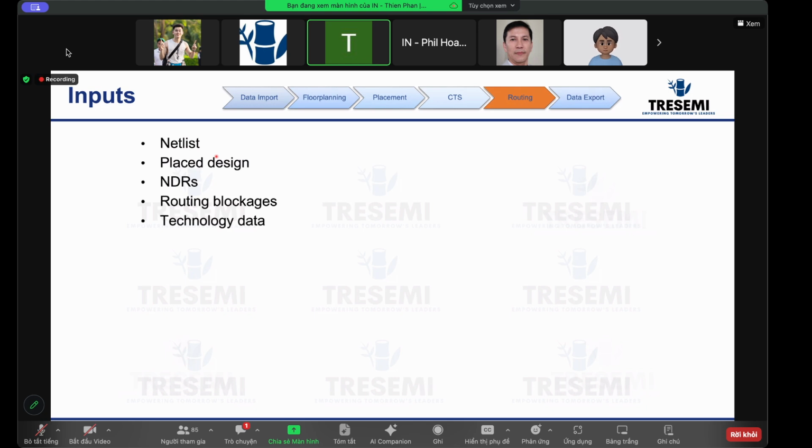And some of the CTS, I think Bat already talked about it, so it has the non-default route for the CTS. So up until this point, the signal is not routed. The clock is routed, but not the signal, and the clock can be rerouted as well.